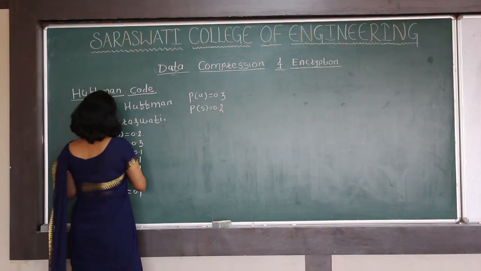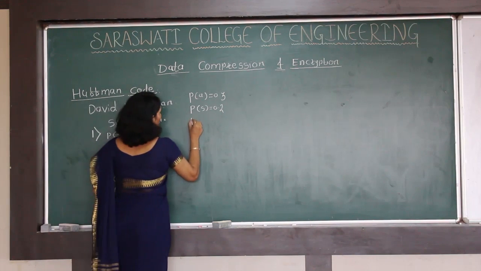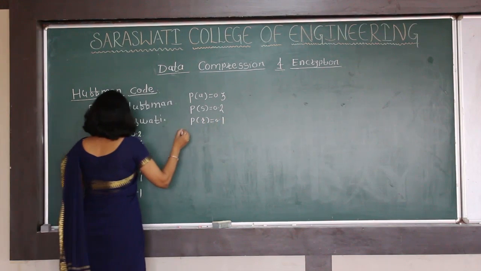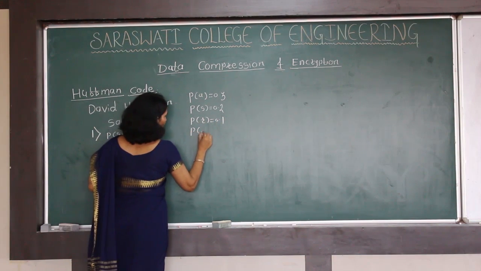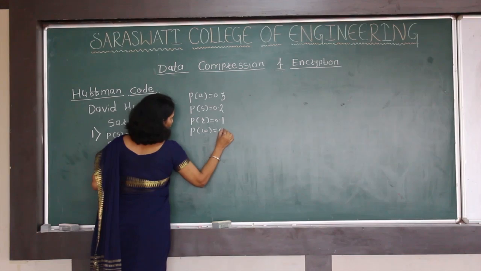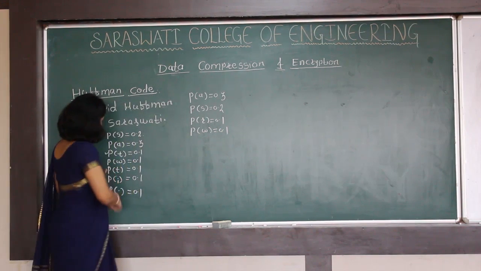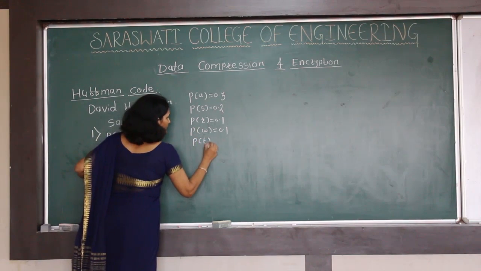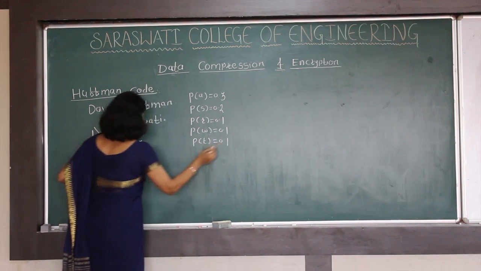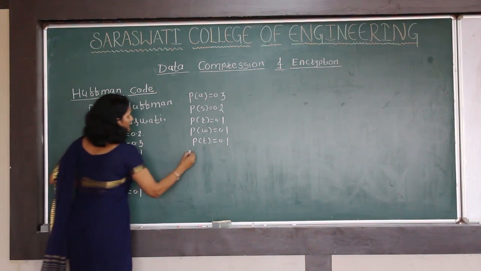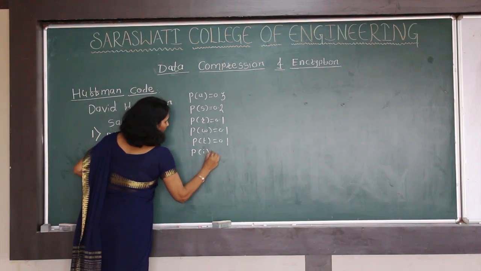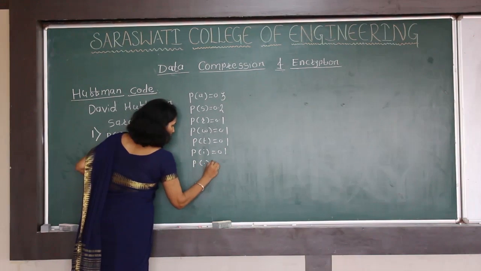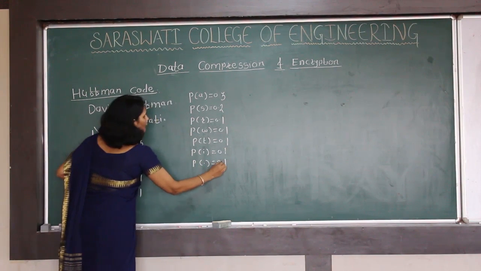Then P of R, it is 0.1, then P of W, it is 0.1, then P of T, it is again 0.1, and then P of I, 0.1, and at last P of full stop symbol, it is again 0.1.